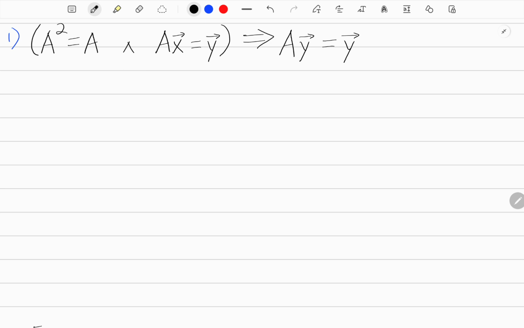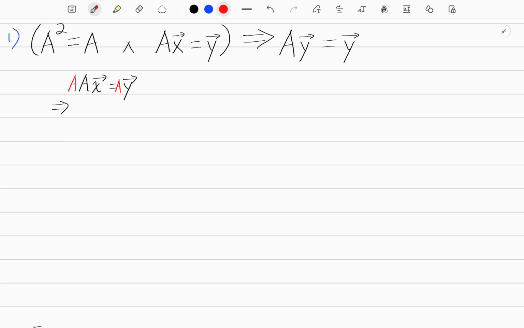Anywho, let's start off with the premise that we know: Ax is equal to y. Then we can multiply both sides of the equation by the matrix A again. For matrices, you should multiply the matrix on either the right side or the left side on both sides.